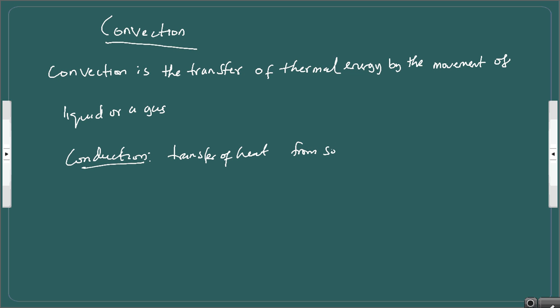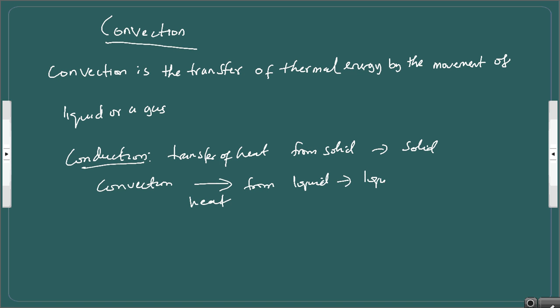Convection is a transfer of heat from liquid to liquid or gas to gas. So the transfer of thermal energy by the movement of particles in a liquid or gas is called convection.